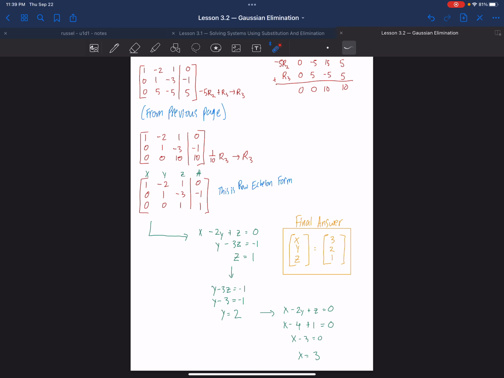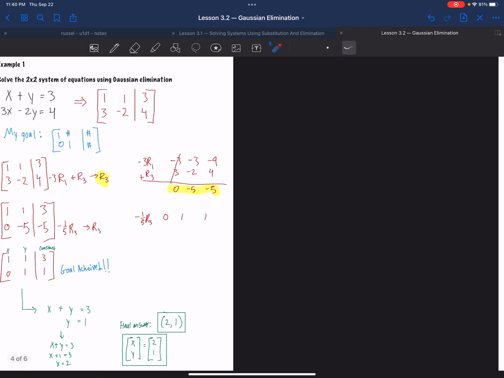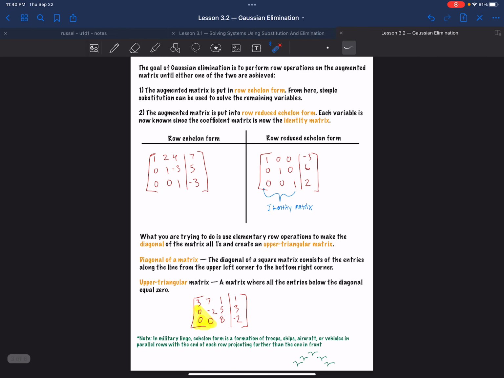So what we're actually doing right now is called Gauss-Jordan, because we're kind of shortchanging the real Gauss with this goal of putting the upper triangular form. If we did upper triangular and lower, that would be true Gaussian. And what I mean by that is row reduced echelon form.